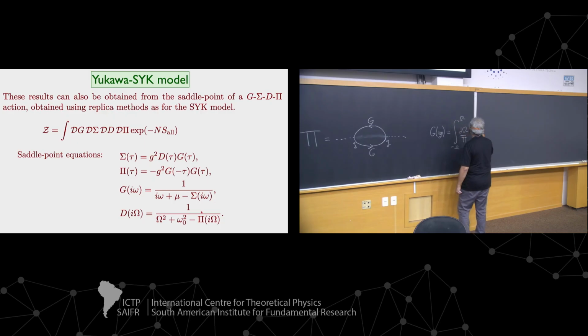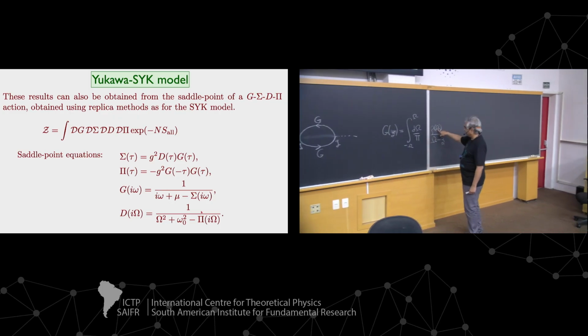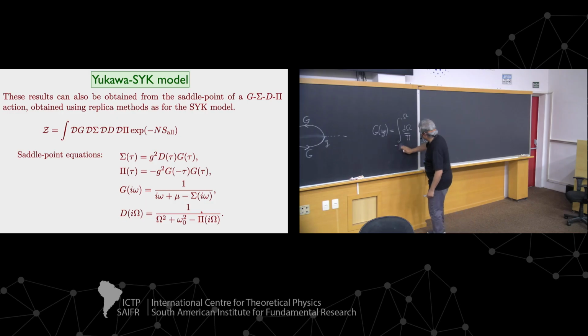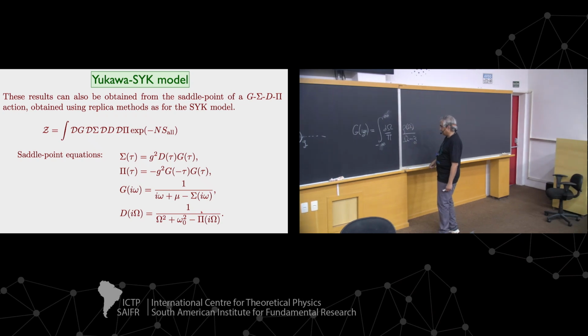There's some spectral density rho of omega, divided by omega minus Z, where this is a real function on the real axis, from minus infinity to infinity, and Z is a complex number. So this is how you always define the Green's function.